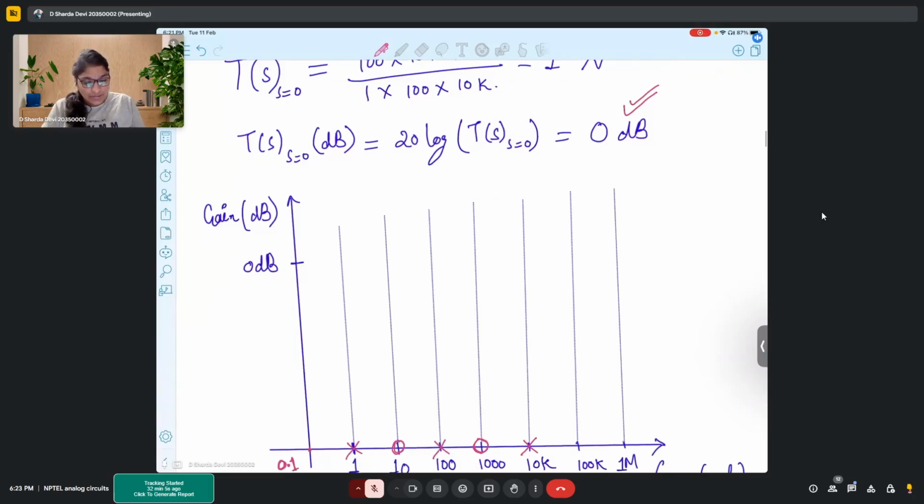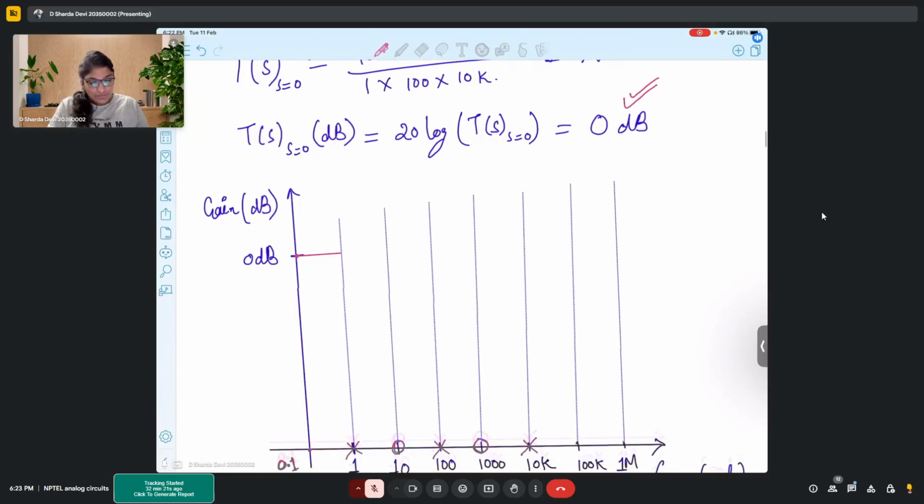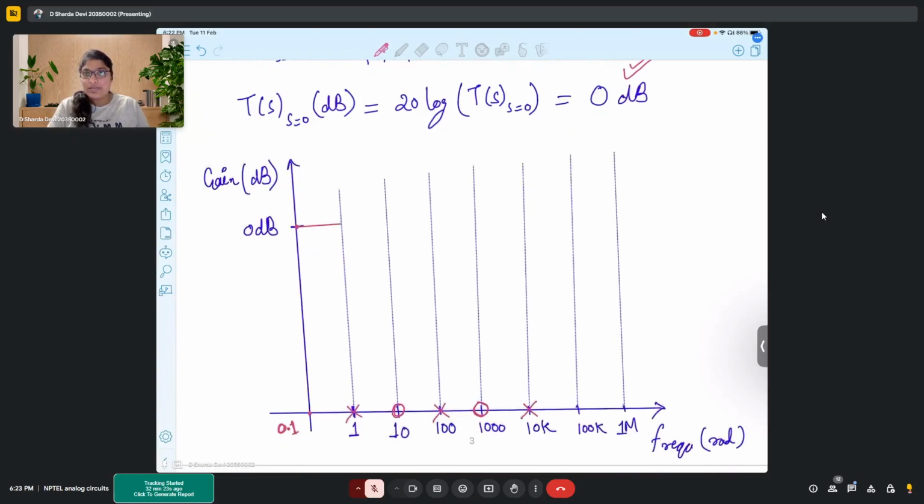So you start your curve from 0 dBs and you'll draw a straight line. So this particular 0 dBs is maintained until you encounter a pole or a zero. Okay, so now you encounter your first pole at 1, right?